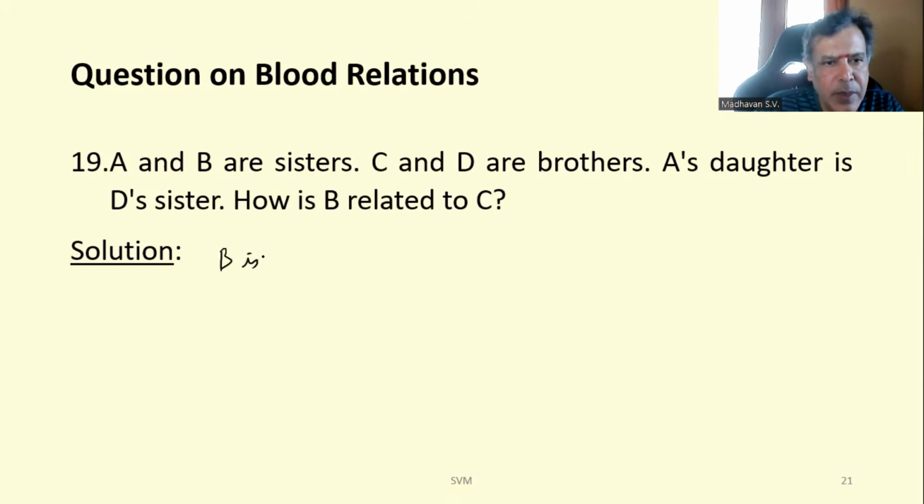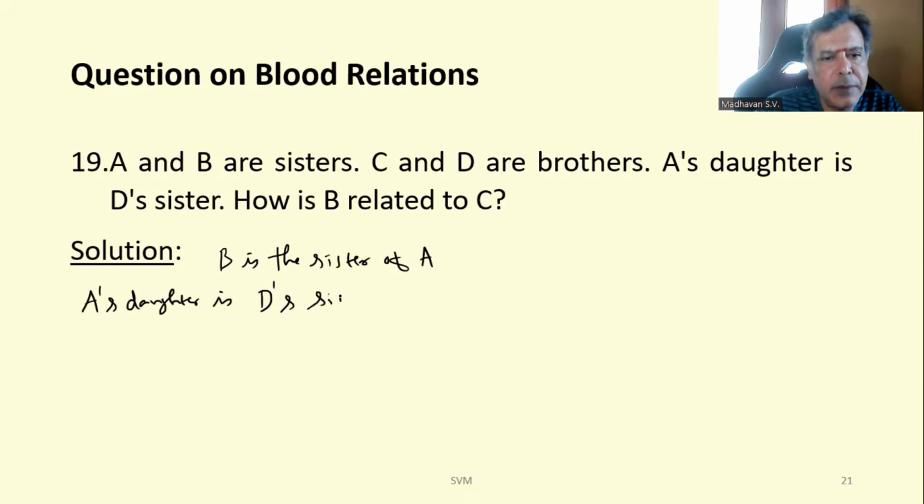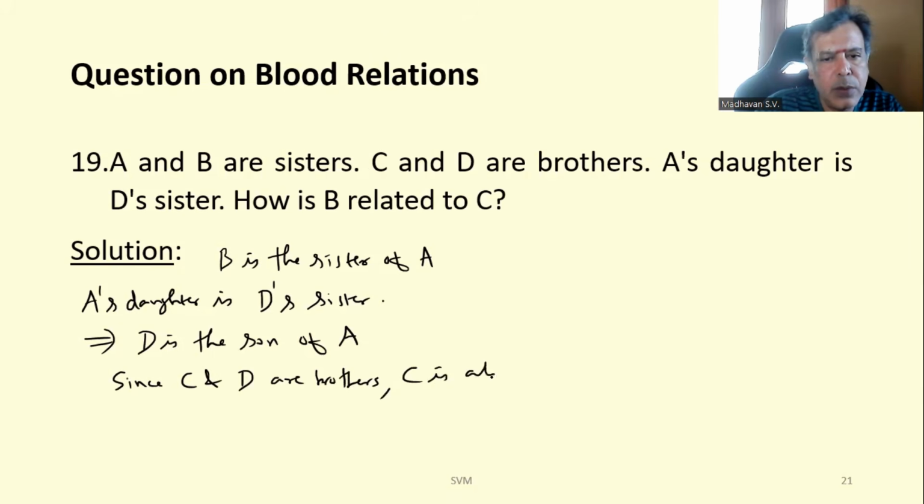Here, B is the sister of A. Then they give us that A's daughter is D's sister, which means D is the son of A. Since C and D are brothers, C is also the son of A. Hence, B is the aunt of C. So that is the solution for this.